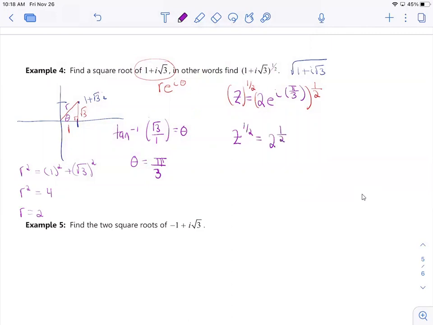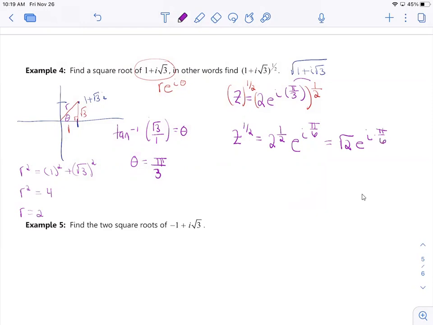So I could write that as root 2. And then because this is e raised to all of the i times pi over 3, remember properties of exponents, you can multiply those. So that becomes e raised to i pi over 6. So let me just rewrite this to be root 2 e^(i pi over 6). Oh, sorry, my brain did not write 6.